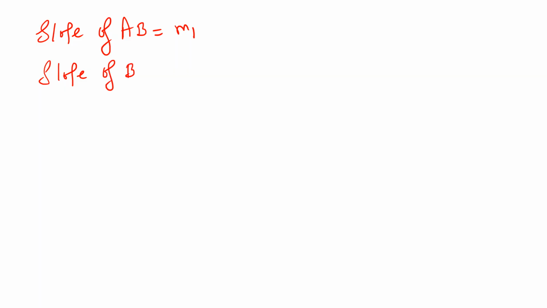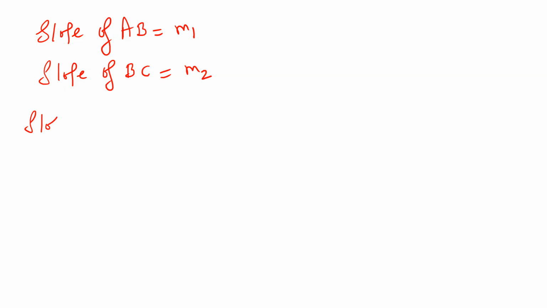Now students, since M1 and M2 represent the slope of two adjacent sides of the square ABCD, I am considering slope of AB as M1 and slope of BC as M2.